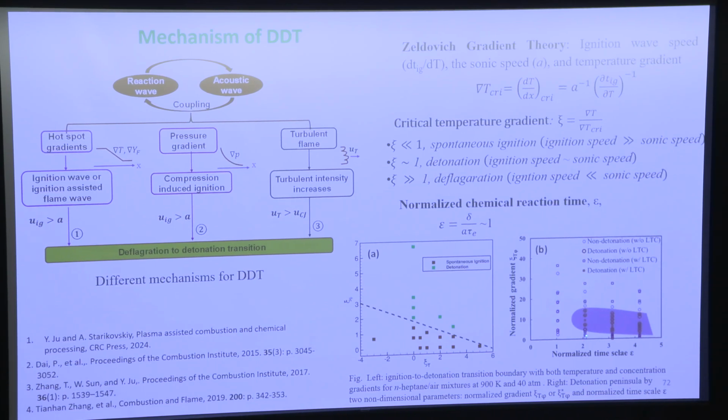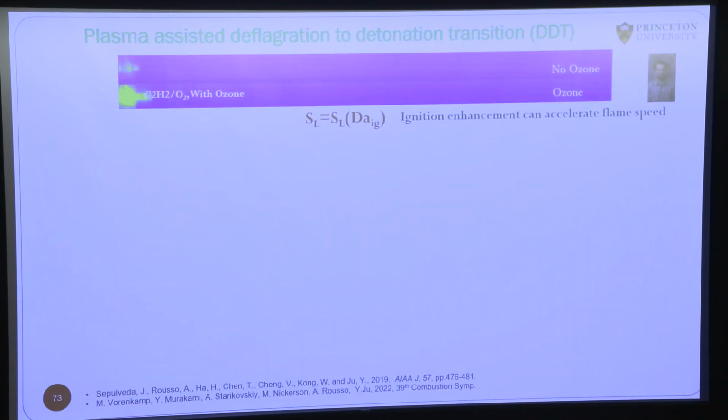Horizontally, this epsilon criterion is almost equal to 1, and vertically is C. You only have some region close to 1 where you can form a detonation, and otherwise you don't. But how the detonation transition happens from flames to there, that is something I can share with you later. I don't have time. So with that, you understand.